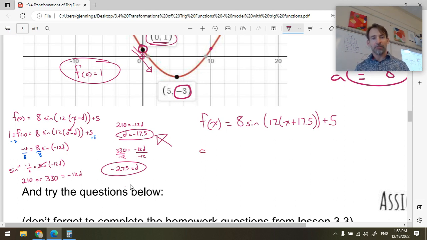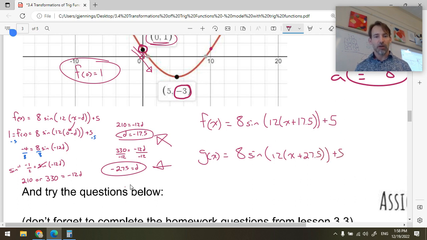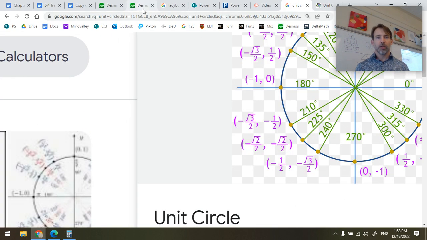We're going to compare f of x to g of x, which is 8 sine of 12 times x plus 27.5, plus 5. Let's graph both of those and compare. But our answer is the f of x.